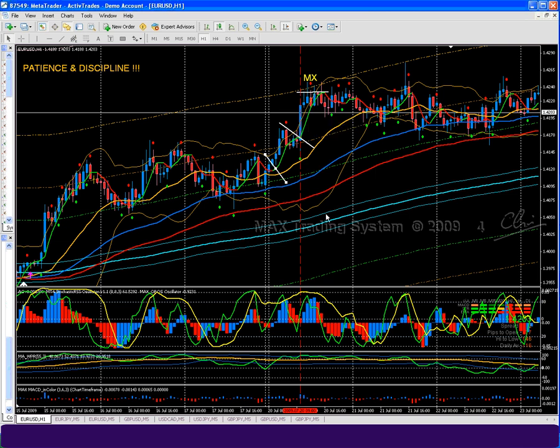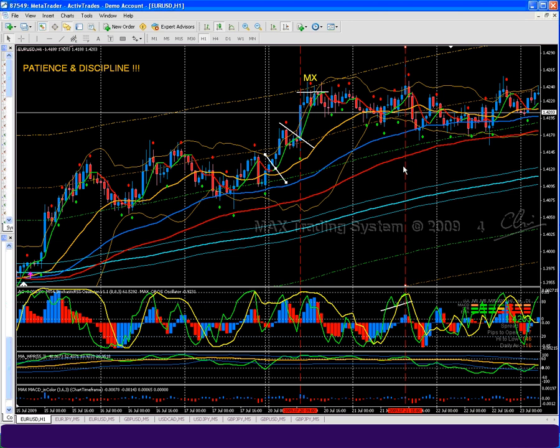Okay? Let's see here. You have a long pin bar here. On this bar, you have several signs to exit. You have a top which is forming on the RSI. You have even an M which is forming in the RSI. You have a top in the Vinini.